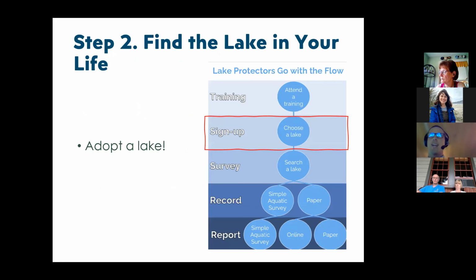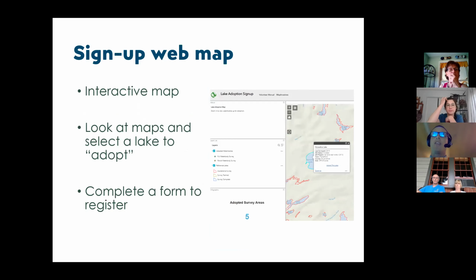We're going through our training step, but the next step you'll do after this: tomorrow we'll send out an email with a link to our Adopt a Lake website. That will be your next step, to choose a lake or lakes that you are interested in monitoring. This is an interactive map.